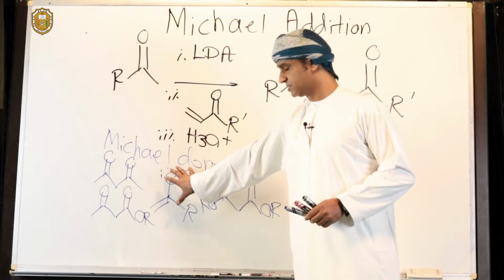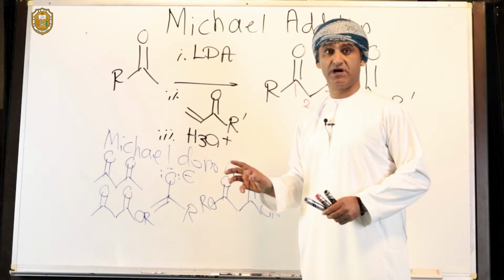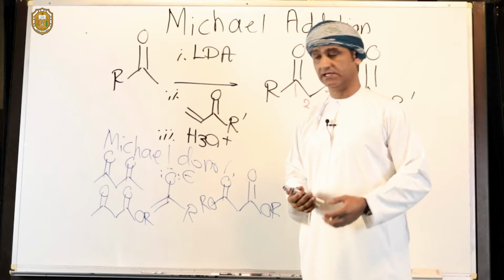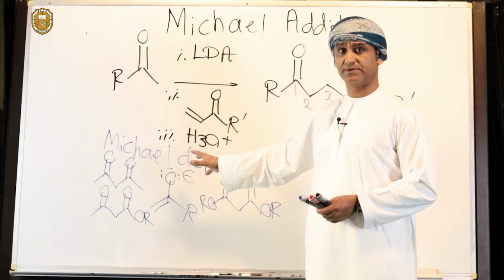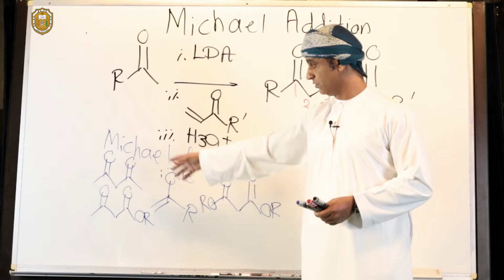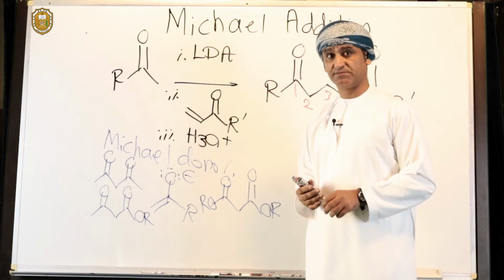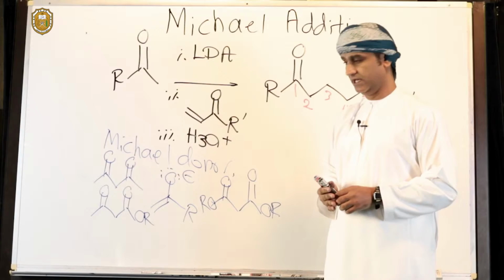Of course, when we write the structure of the enolate, it's implied that any carbonyl compound that can make an enolate can be used as a Michael donor. So a Michael donor is basically an enolate or any carbonyl compound that can give an enolate. And these are ideal substrates for Michael donors: 1,3-diketones, beta-ketoesters, and dialkyl malonates.